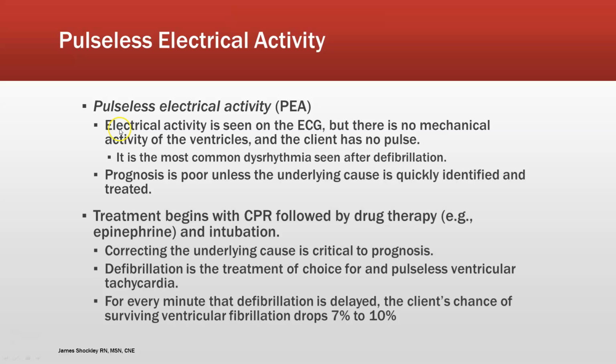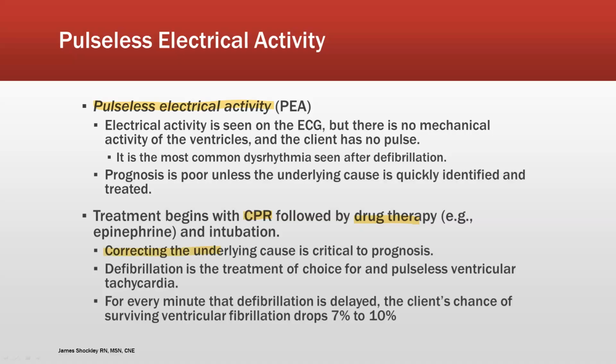PEA, we've talked about this. It's pulseless electrical activity. It's really not testable from my perspective, but I do want you to understand that it could potentially be on NCLEX. You just need to understand, again, that we need to do CPR. All right, and we can do medications until we get that return of a pulse.